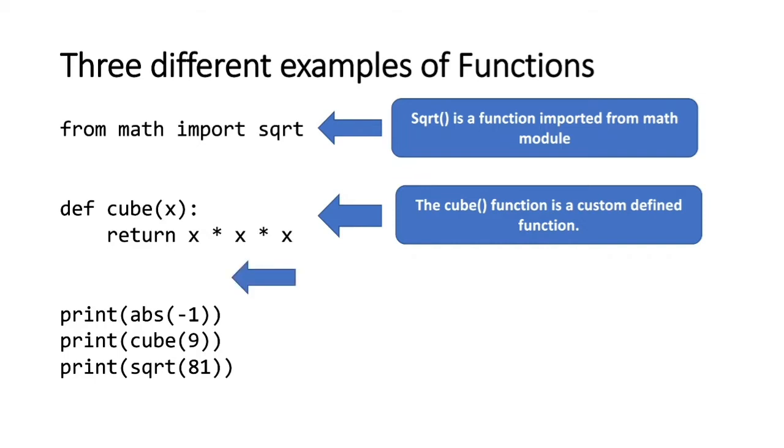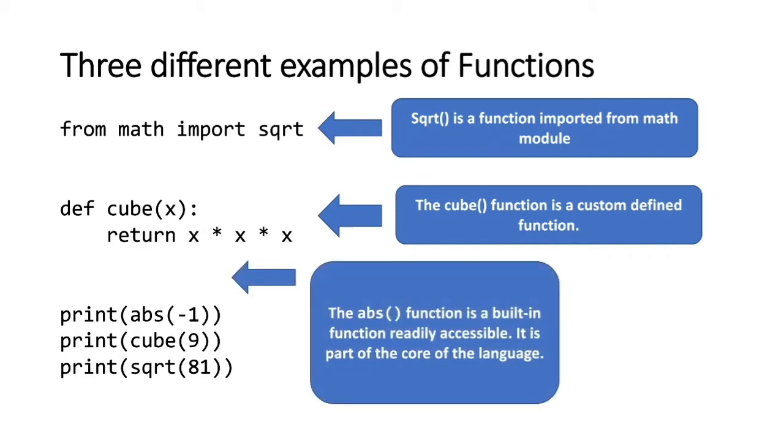And the next, which is a little bit dislocated, is abs, right? The arrow should be a little bit downwards. So the absolute function is a built-in function. In order to call it, you do not require the definition of it, and you do not need to import any module, right? So the absolute function is a built-in function which is readily accessible. It is part of your core programming language. So this is the inbuilt function.